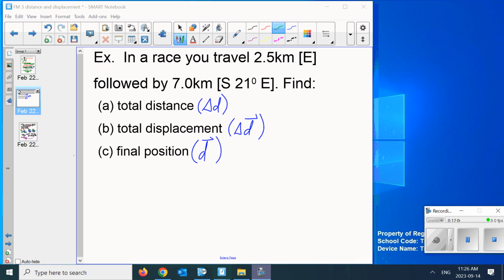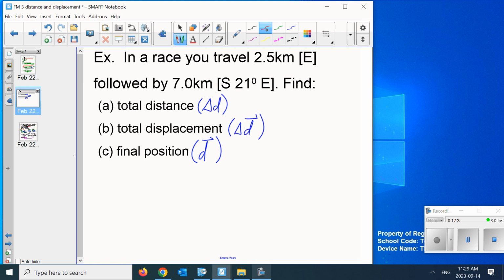Jot this down, sons of guns. I'm back. Done. Okay, we travel 2.5 kilometers east, and I'm going to do this by math, but we're going to have a sketch to just kind of understand when I say math. I'm not going to do a scale diagram here. So if I say east and then I go south 21 degrees, well, like I said, I was going to get my arrows out that are straight.